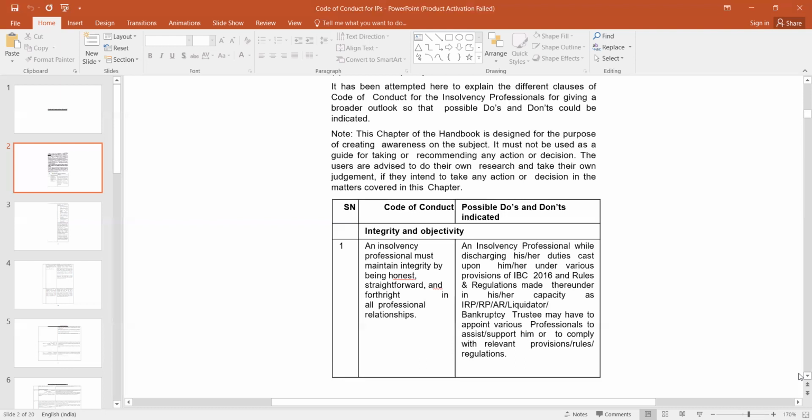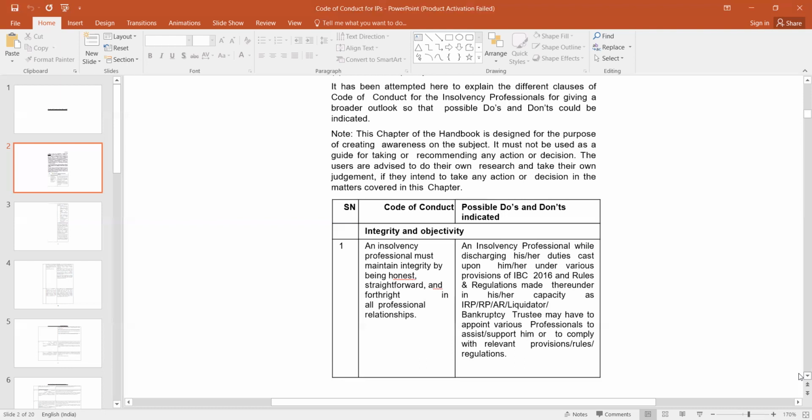And we can add loyalty also. Integrity comes along with loyalty towards the institution or organization. No, actually, the concept of loyalty is between master and servant. So here there is no concept of loyalty as such. Yes, so it is by being honest, straightforward, and forthright.